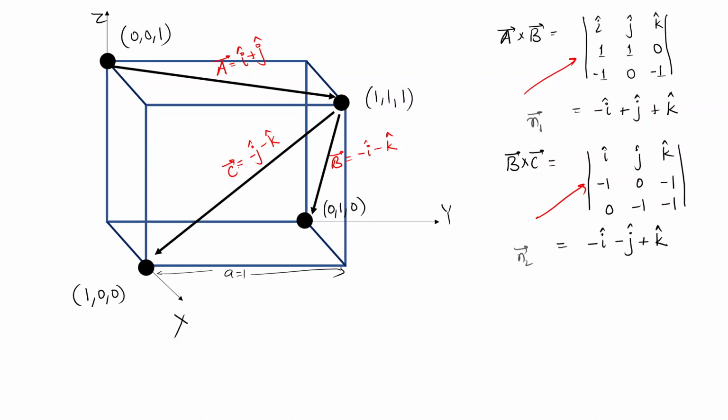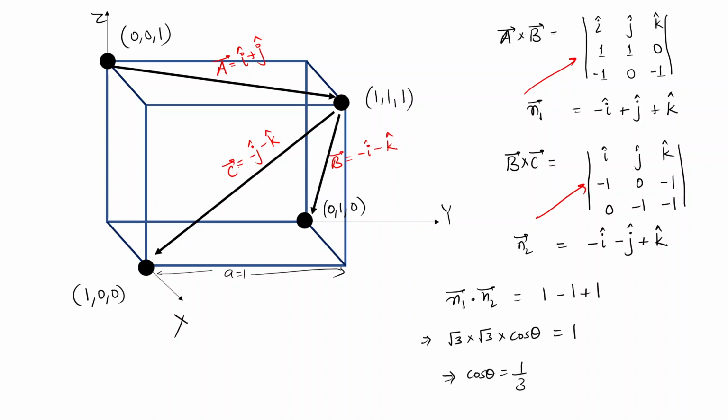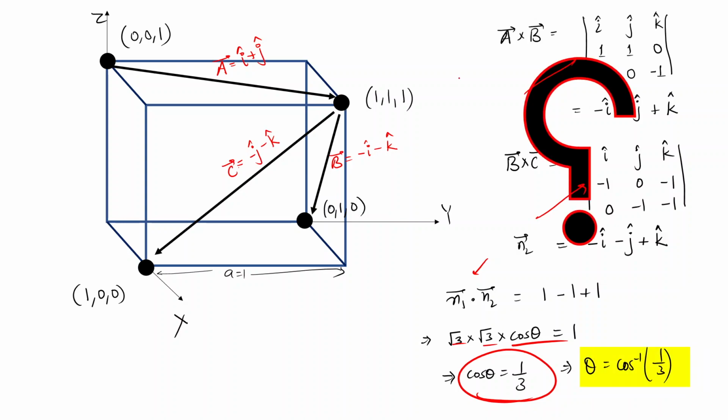Then you do the dot product of these two normal vectors, and use the formula with AB cos theta, and you find that cos theta is again going to be 1/3. But my question is, in these very regular geometries, why would you want to go through this mechanical process?